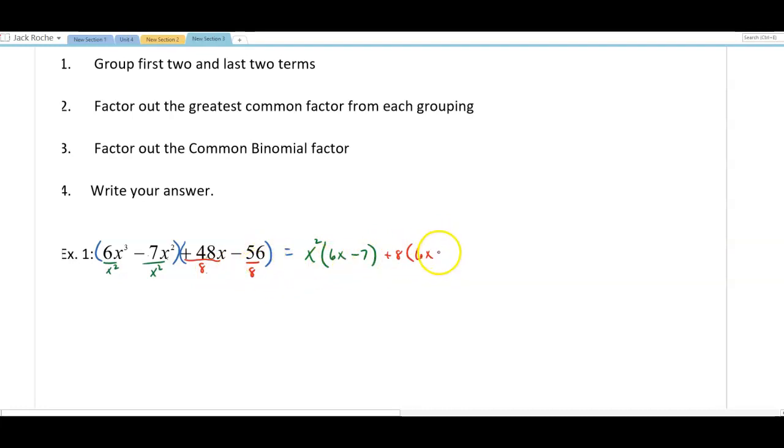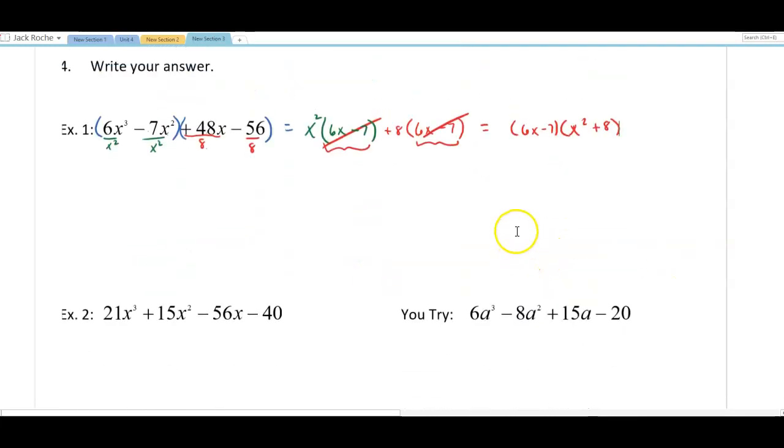Negative 56 divided by 8 is minus 7. What is my common binomial factor here? It's 6x minus 7. So I pull it out. What do I have left when I take those out? I have x squared plus 8. Okay, so this is factor by grouping.